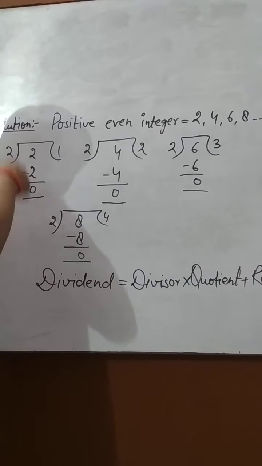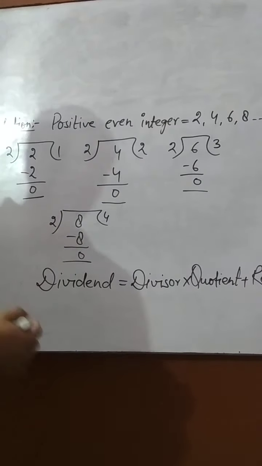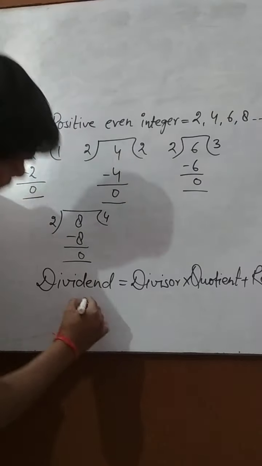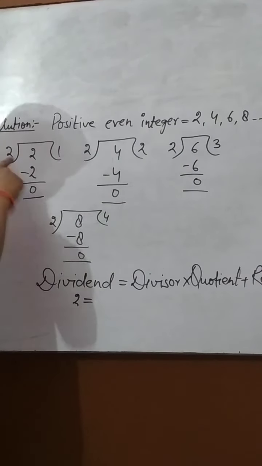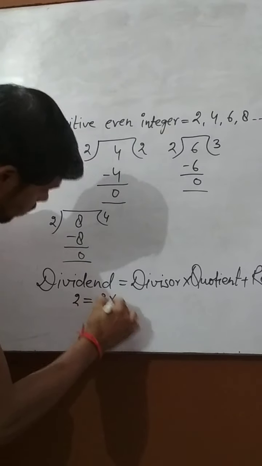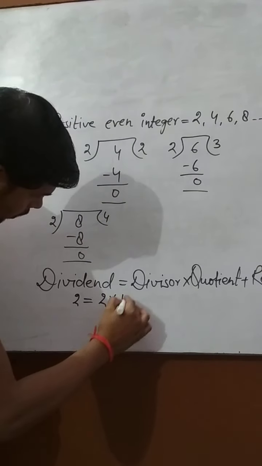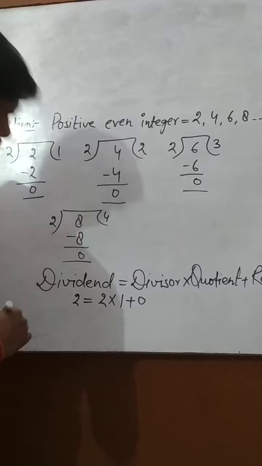So we will write these numbers in this form. How can we write? 2 is the dividend, 2 is the divisor, the quotient is 1 and the remainder is 0.